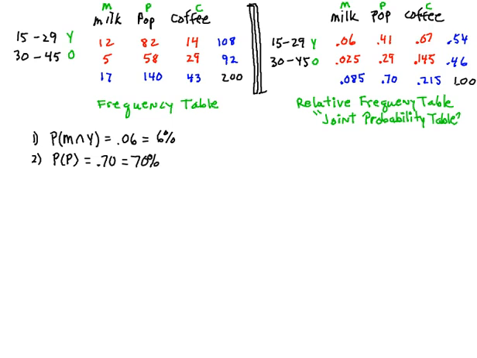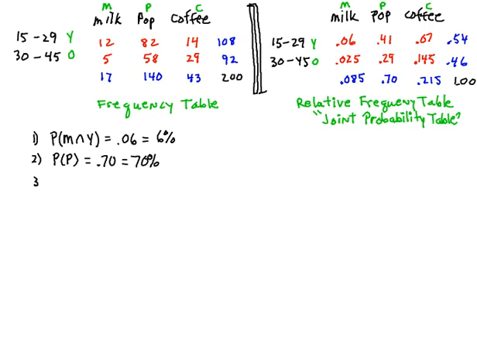That's called a marginal probability, and if you look at that, it's in the margin. So in the joint probability table, the marginal probabilities are the percentages that are in the margins of that table. The joint probabilities are 2 events combined, or intersection probabilities.